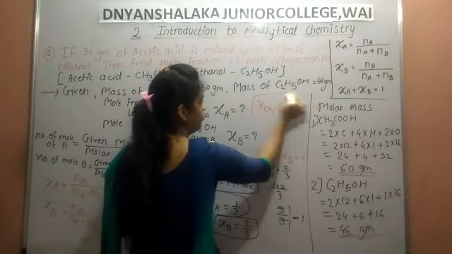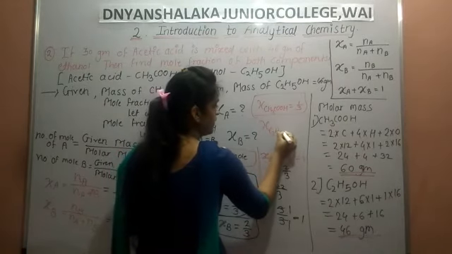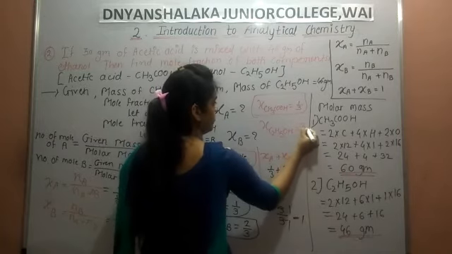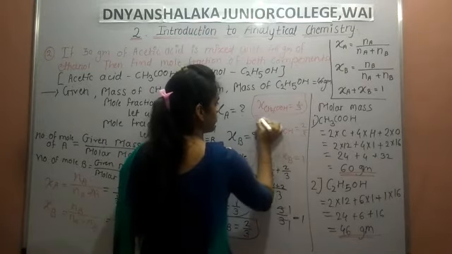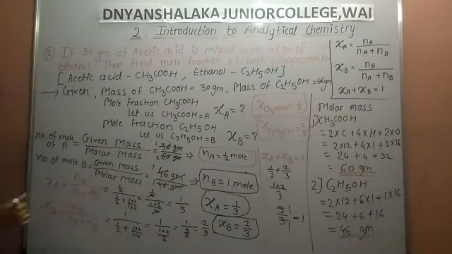And mole fraction of ethyl alcohol, meaning ethanol, we get 2/3. So this is the mole fraction of both components. First component acetic acid is equal to 1/3 and mole fraction of ethyl alcohol, ethanol, we get 2/3. So this is your second example.